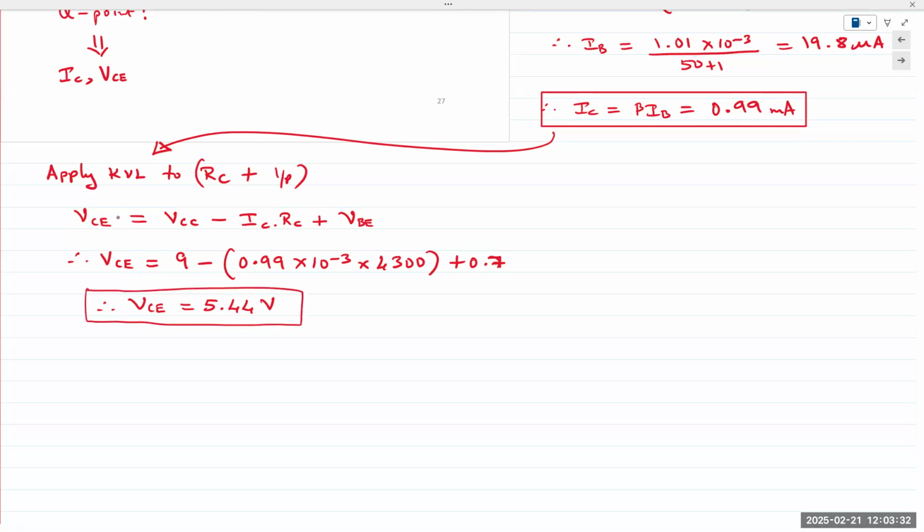And that's my Q point. Q point is 0.99 milliamps and 5.4 volts.